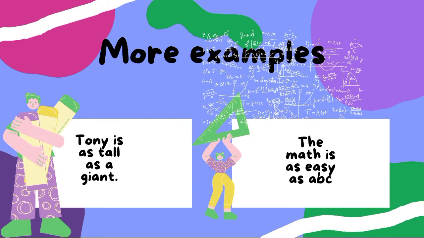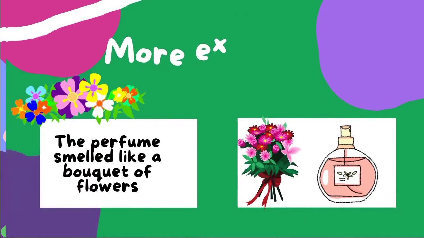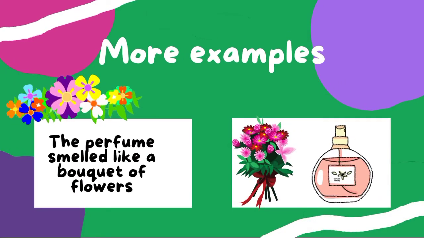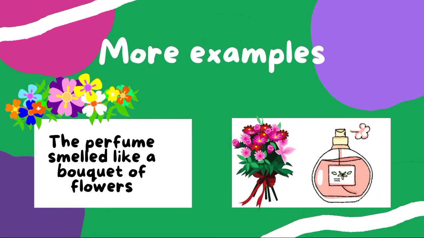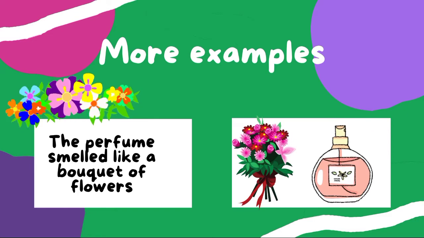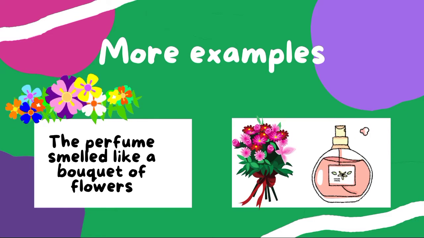I'm comparing ABC to the simplicity of the math problem. Tony is as tall as a giant. Tony's height is compared to a giant's. The perfume smelled like a bouquet of flowers. I'm saying that the perfume smelled wonderful.